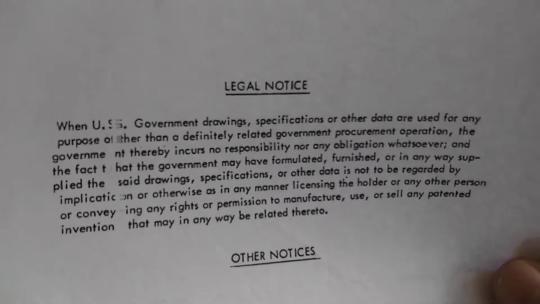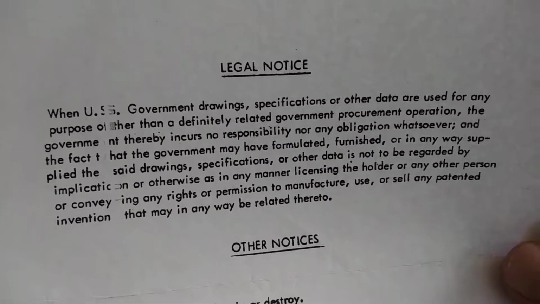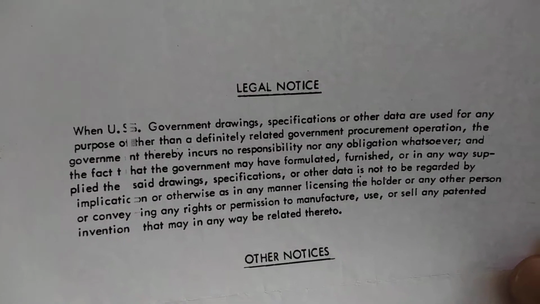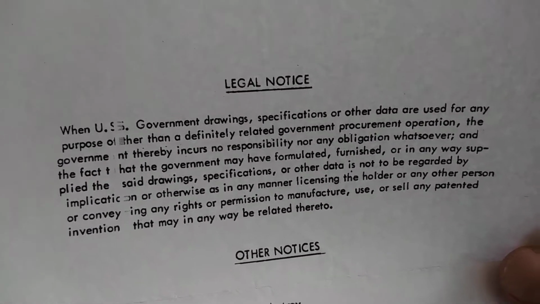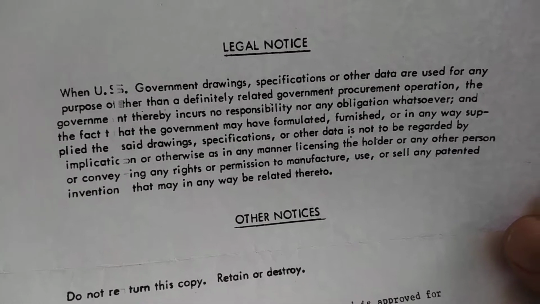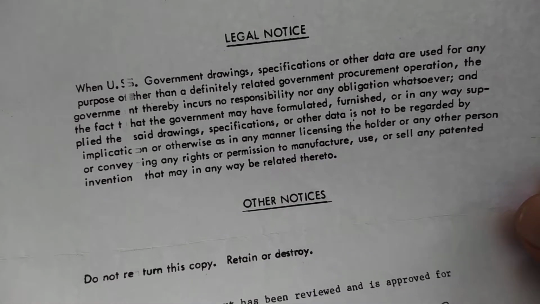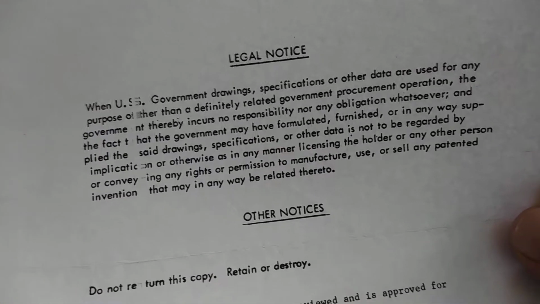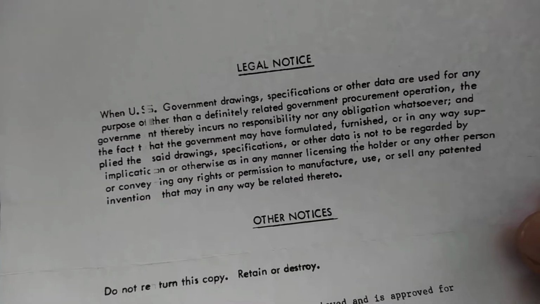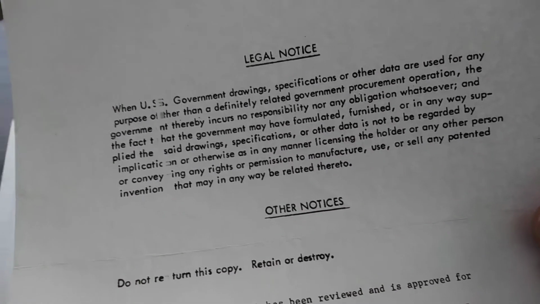Alright, the legal notice: when government drawings, specifications or other data are used for any purpose other than in connection with a definitely related government procurement operation, the government thereby incurs no responsibility or any obligation whatsoever, and the fact that the government may have formulated, furnished, or in any way supplied the said drawings, specifications, or other data is not to be regarded by implication or otherwise as in any manner licensing the holder or any other person or conveying any rights or permission to manufacture, use, or sell any patented inventions that may in any way be related thereto.